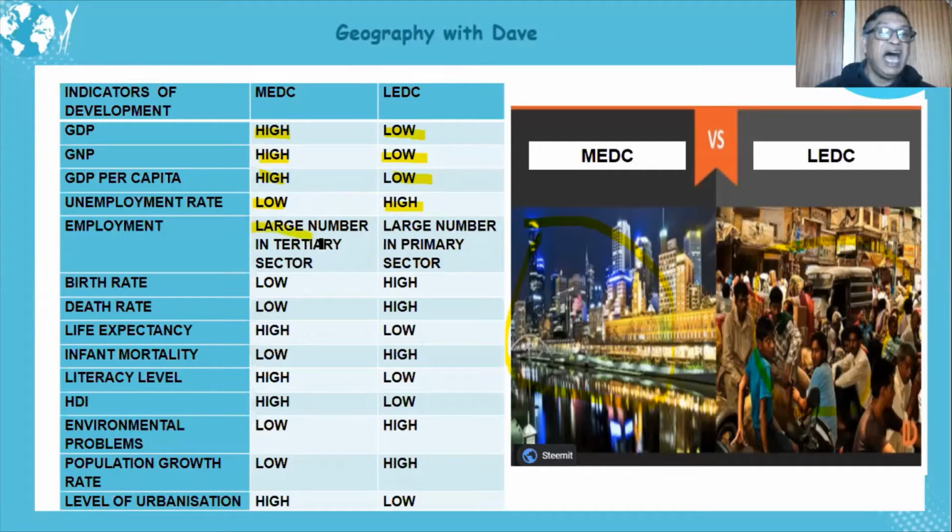Employment: a large number in the tertiary sector for the MEDC, as I showed you in that graph. And for the LEDC, a large number in the primary sector. Then birth rate is low in the MEDC and high in the LEDC, because the developed countries are highly industrialized.